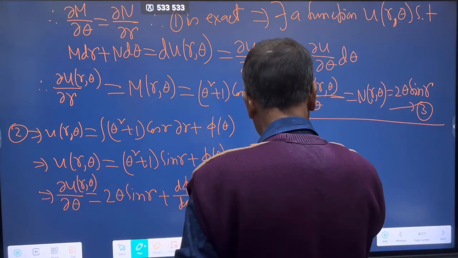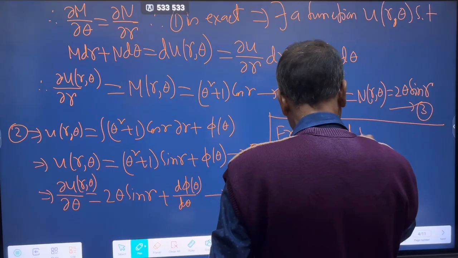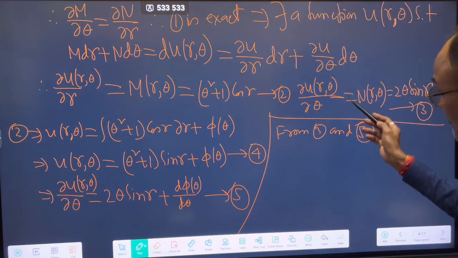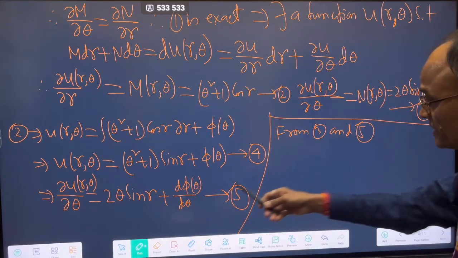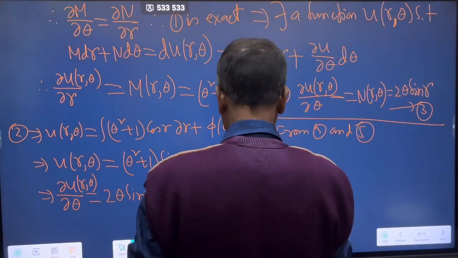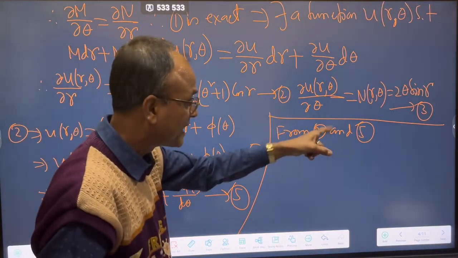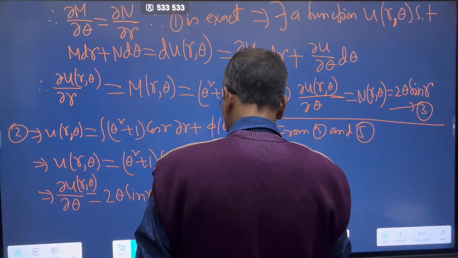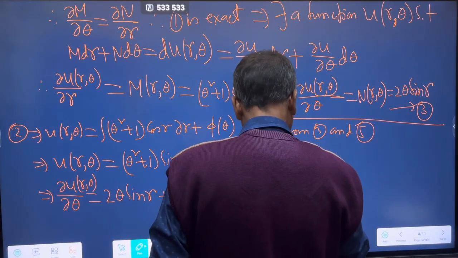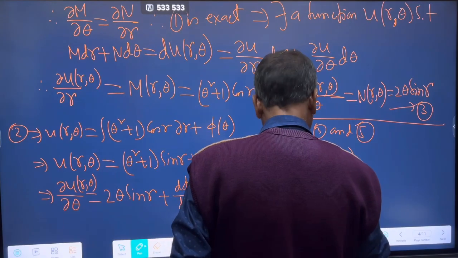Now, from 3 and 5, ∂u/∂θ is 2θ sin r plus dφ(θ)/dθ.